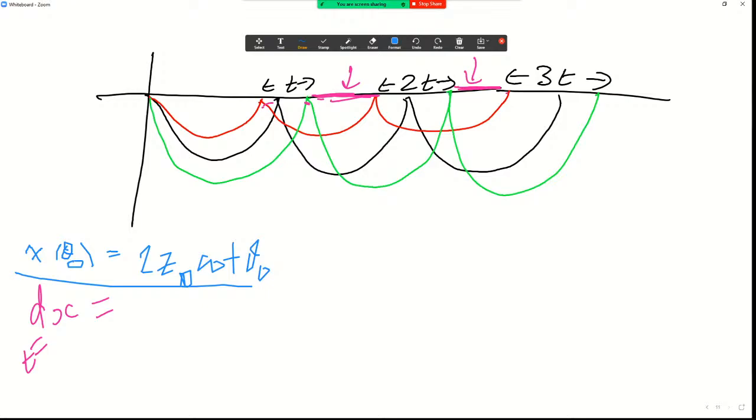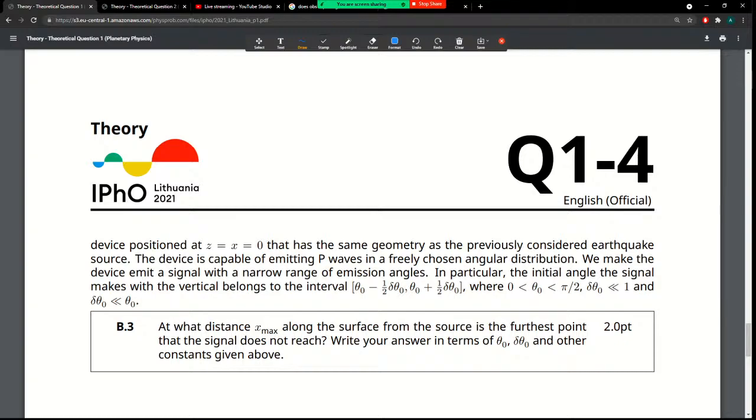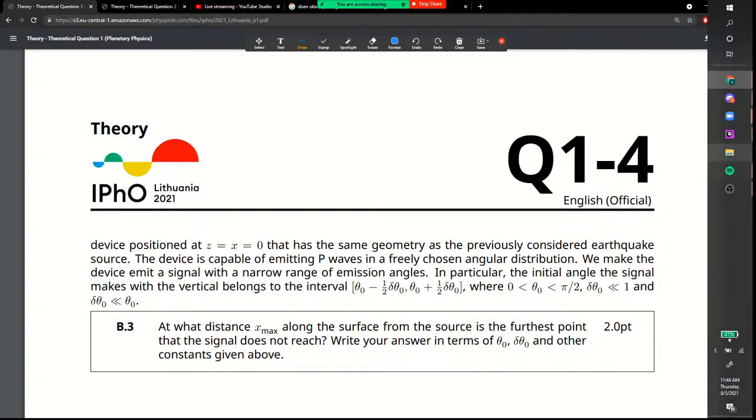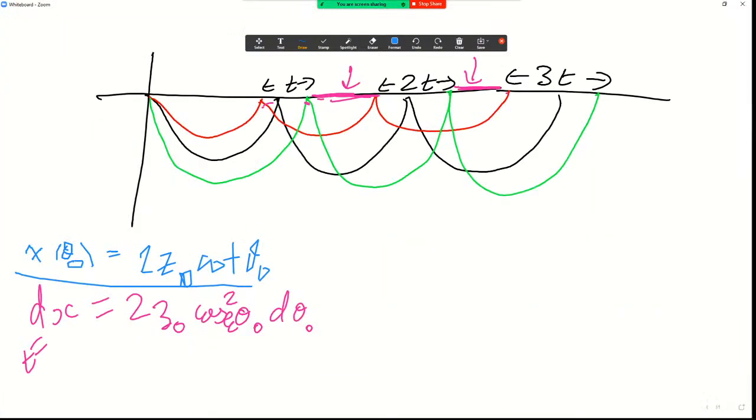Okay, so it will be 2z naught cosec square theta naught, and then cosec d theta naught. The angle the signal makes with the vertical, so we should express in terms of delta theta naught.